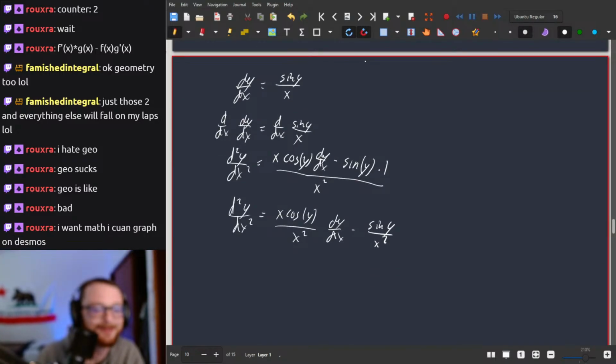Yeah, that's fair. So the x's can cancel, but more importantly, I want to get rid of this dy by dx just so I have a cleaner formula. It's not wrong to have it here technically, but this is simpler if we remember that dy by dx is equal to this.